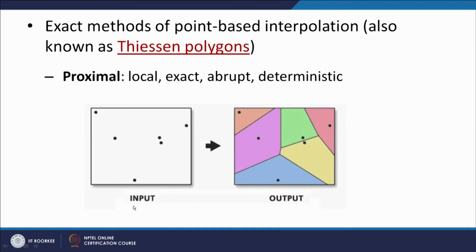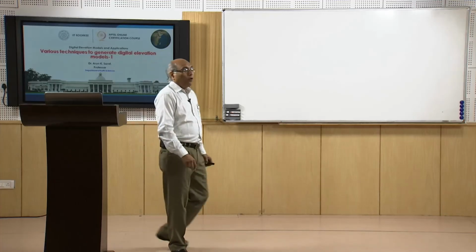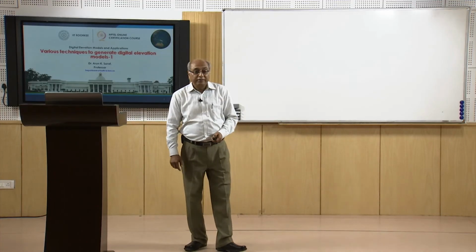One example here: this is the input data, and this is how these Thiessen polygons are formed. In between, if I take the example here, at equal distance a line is drawn. Again, between these two points at equal distance a line is drawn. Again between these two points an equal distance line is drawn, and likewise a complete polygon is formed, and that is the Thiessen polygon method.